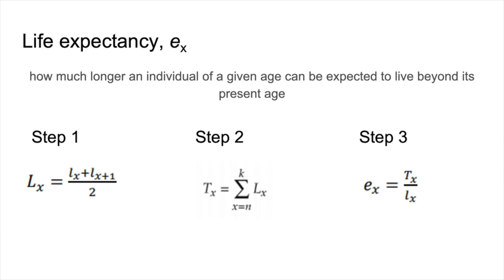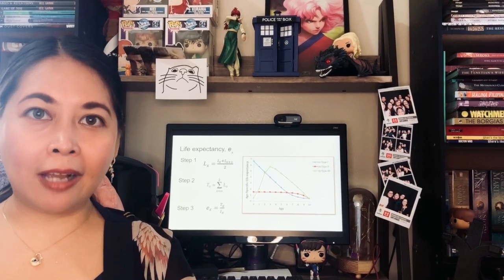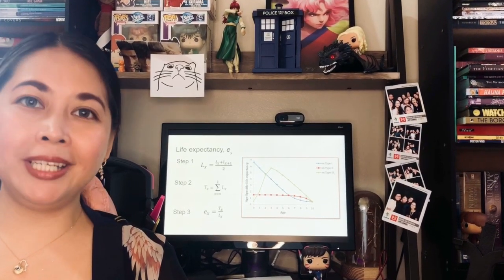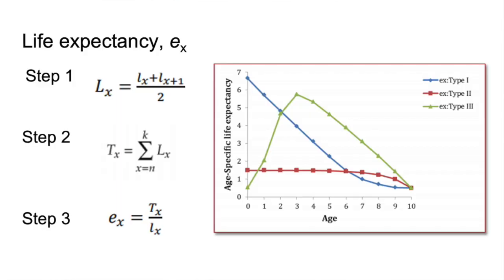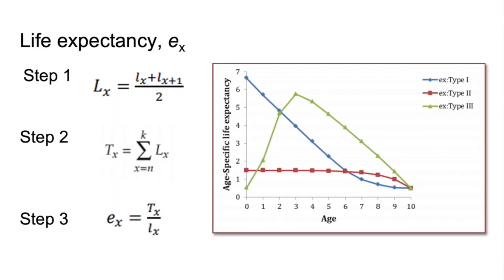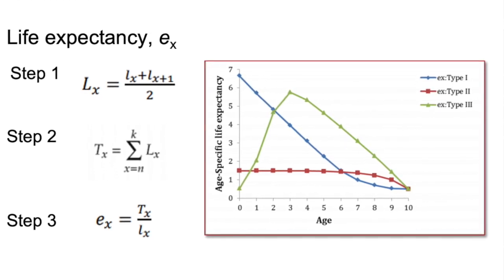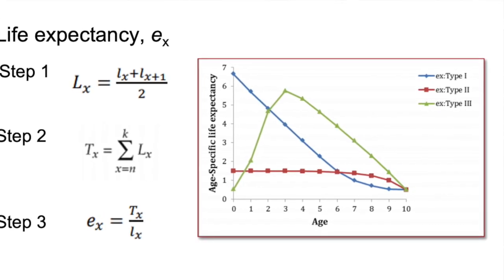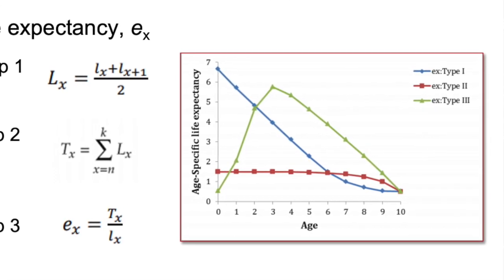Now, when you see statistical values of life expectancy, this is often life expectancy at birth. If you look at the life expectancy graphs of the 3 different types of organisms, you will see different patterns as well. For type 1 organisms, life expectancy also starts very high upon birth, and then again it gradually goes down, very similar to age-specific survivorship.